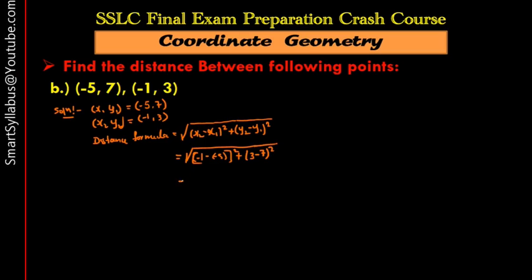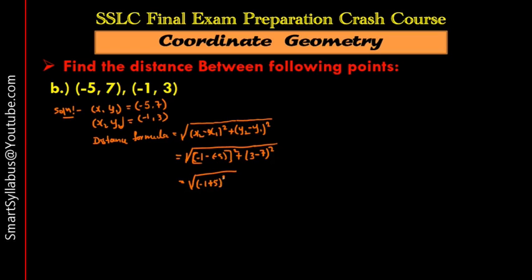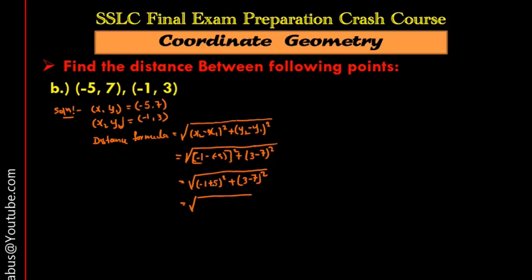That's equal to the square root of minus 1, as it is, minus into minus is plus 5, the whole square. Now keep the bracket the same as it is, we will not solve, so that we can solve both the brackets at once. That's equal to the square root of minus 1 plus 5. Both the numbers have different signs, so we have to subtract. In 5, if we subtract 1, we get 4.